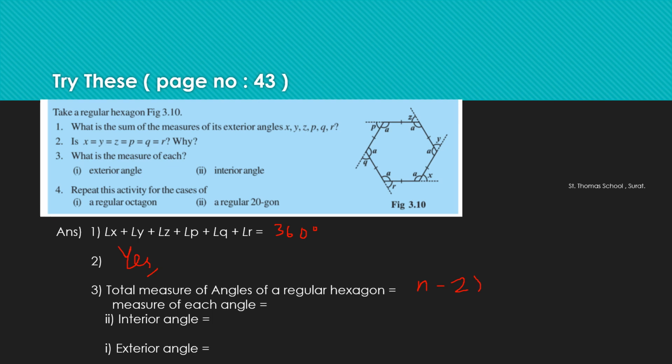This is the formula to find the angle sum of any polygon. What is n here? The number of sides. So n is 6, so 6 minus 2 multiplied by 180 degrees.